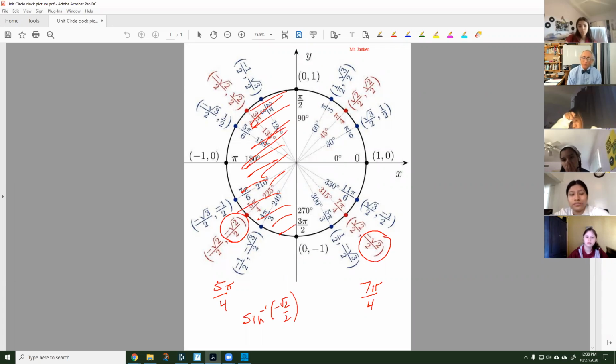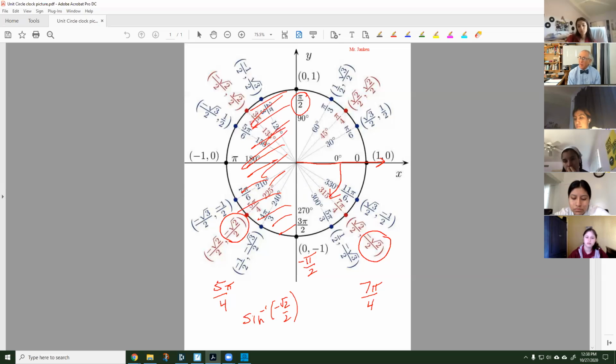But remember, what I'm doing is going from negative pi over 2 to positive pi over 2. So if this is my initial side right here, I can get to this angle right here.